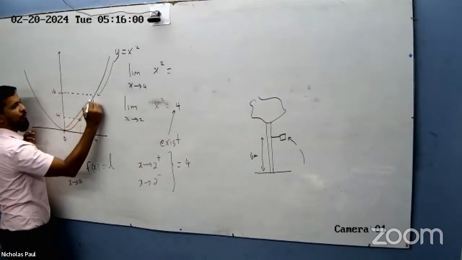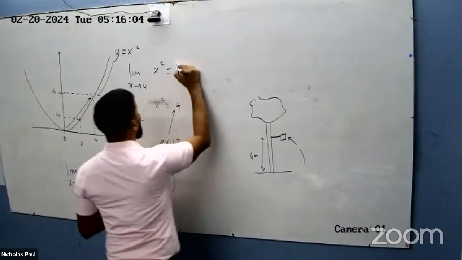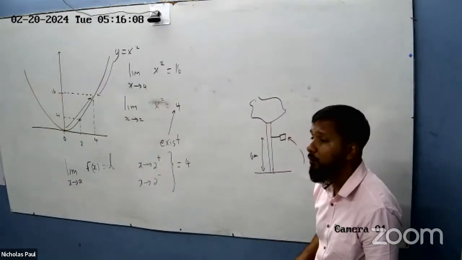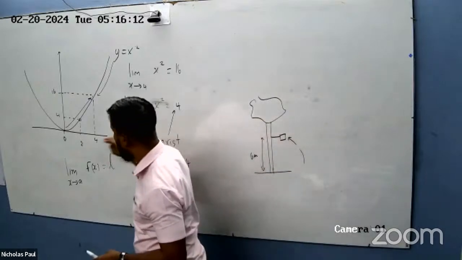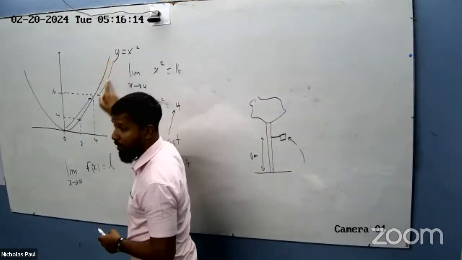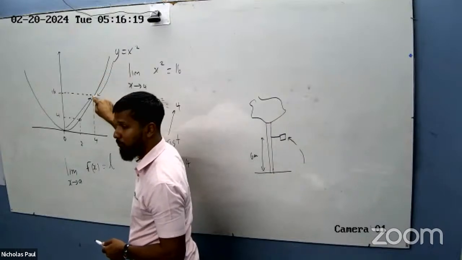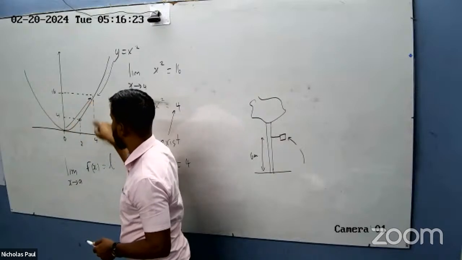If I approach 4 from the left, I am also getting 16. Same answer, limit exists. And remember, when you're approaching, approach on the function. Approach on the function until you reach 4, and you get 16. When you reach 4, check your value.